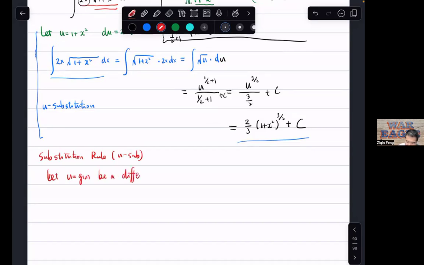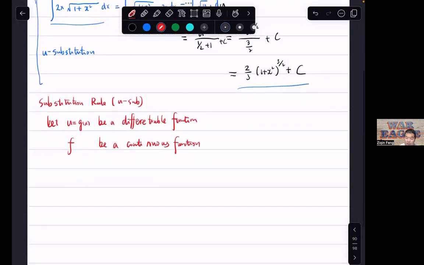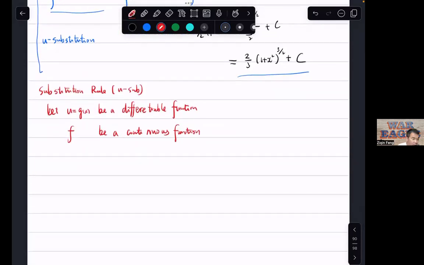We always assume our inner function is differentiable, right? And we let f here be a continuous function, just to make sure the function is integrable, right?